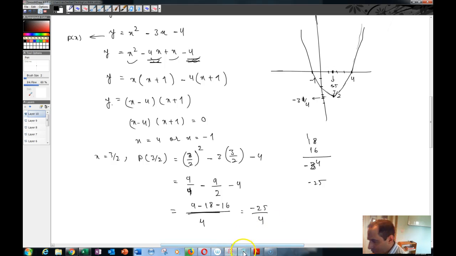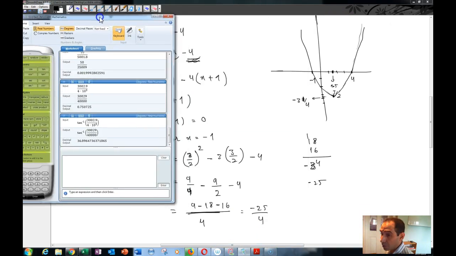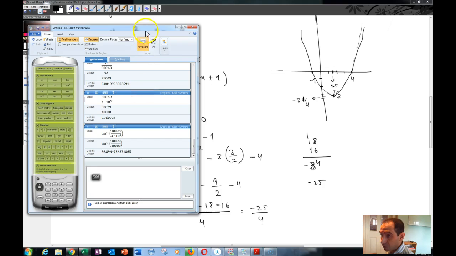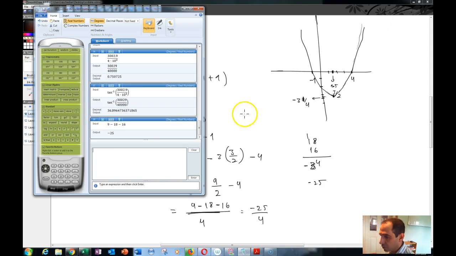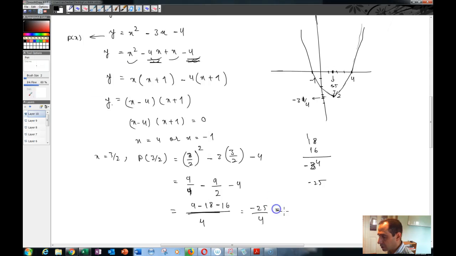which is equal to, now my mind right now is not in a very calculative mood, so 9 minus 18 minus 16 is equal to negative 25 fourths, and that's equal to 4 times 6 is equal to 24, so negative 6 and 1/4.